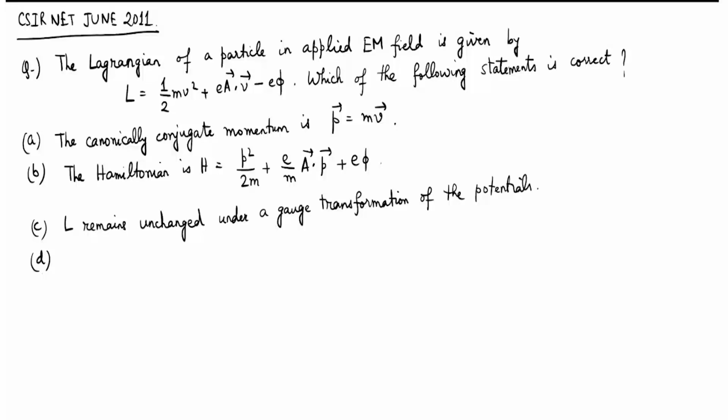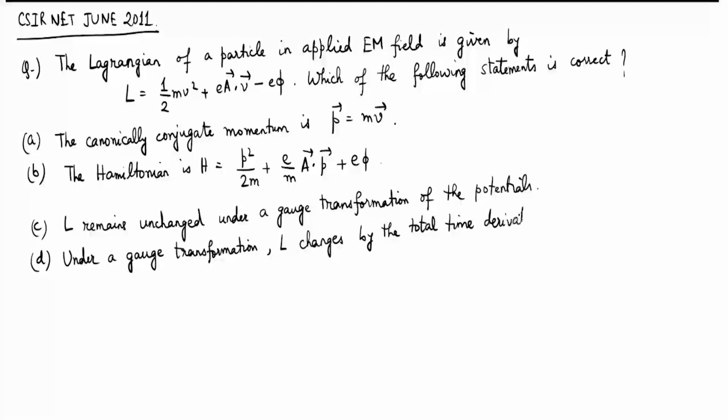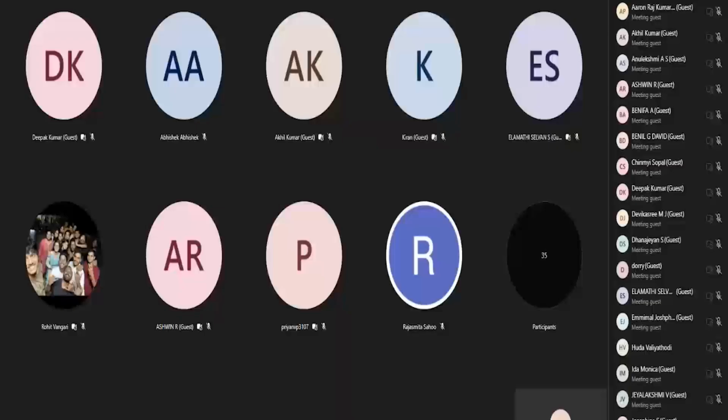And D, under a gauge transformation L changes by the total time derivative of some function of r vector and t. Which of the following is correct?